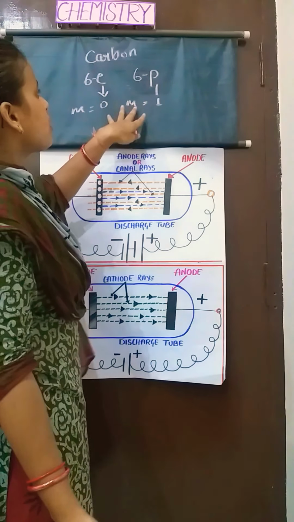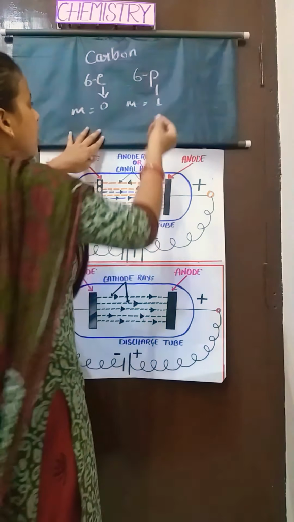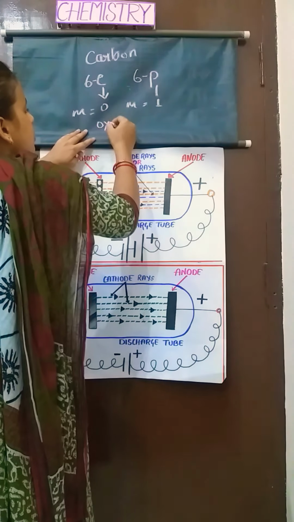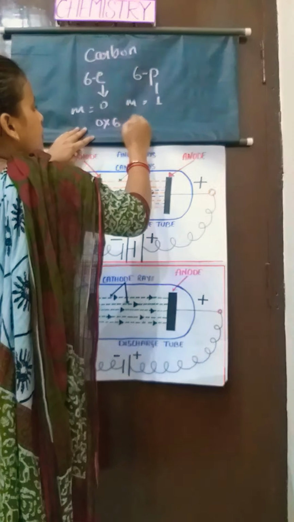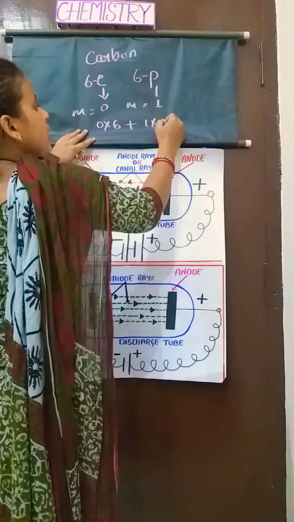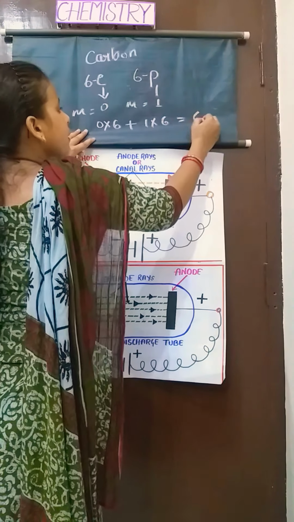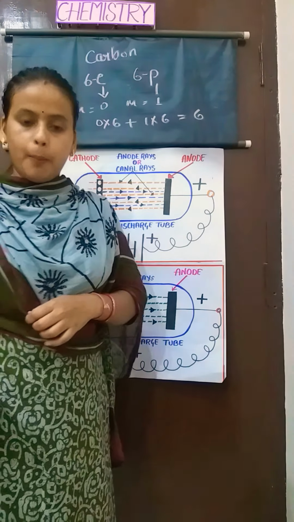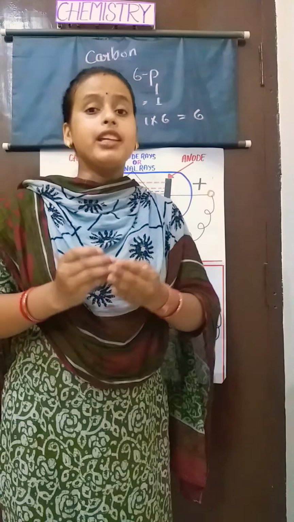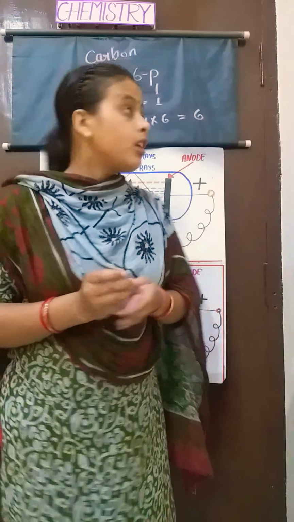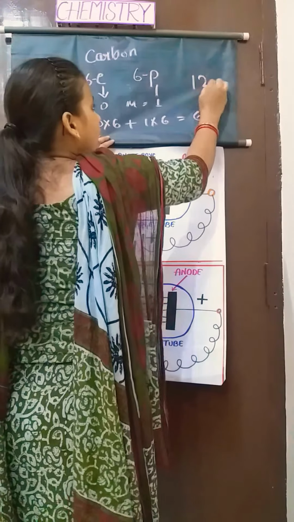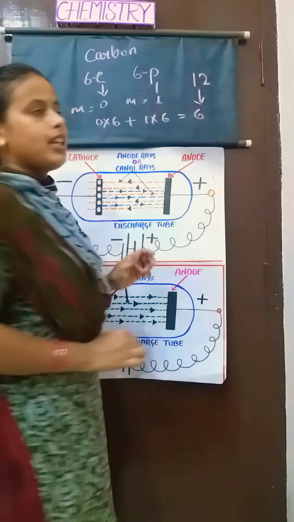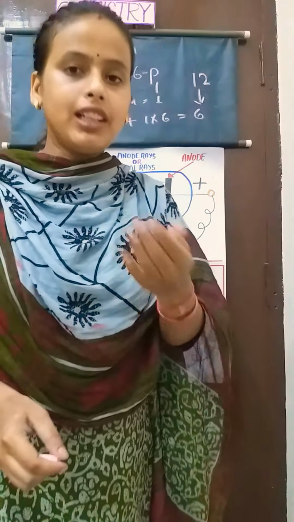So the total mass of carbon will be 0 into 6 and plus 1 into 6 is what? We will get the answer 6. But we know the actual mass of the carbon atom is 12. Yes. So the actual mass is 12, and here we are getting 6 with the help of proton and electron.